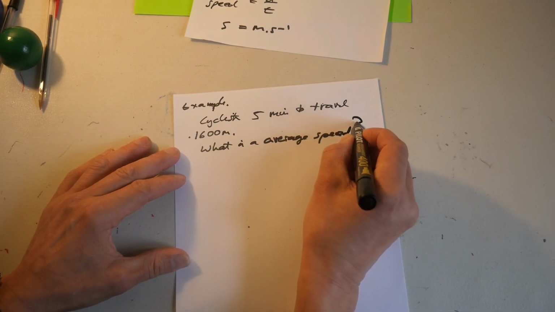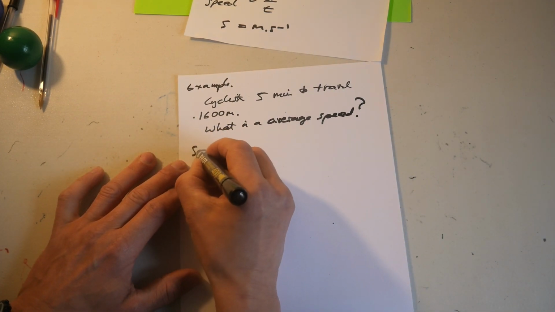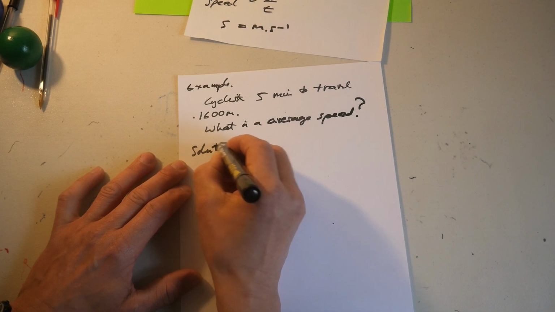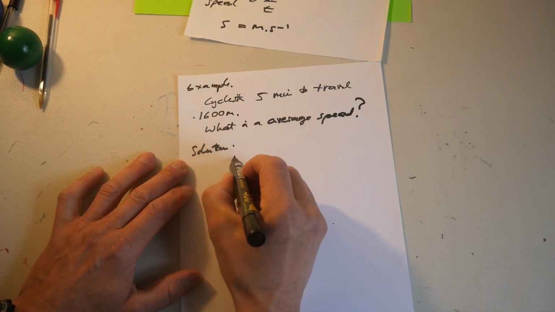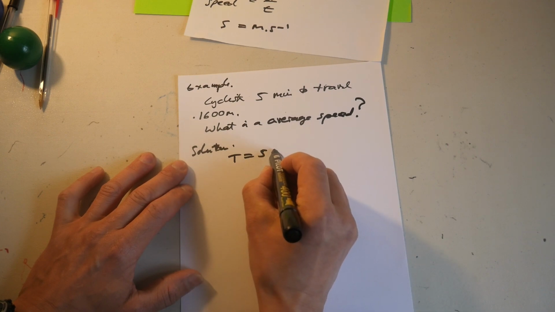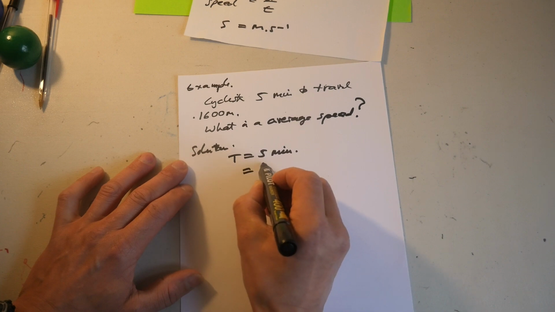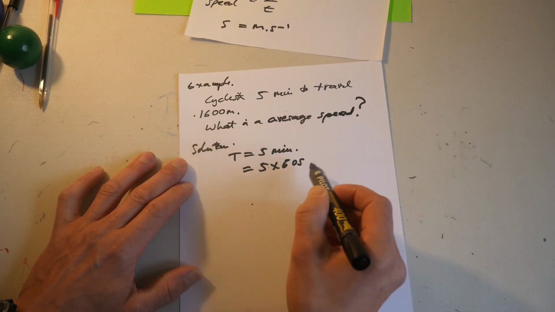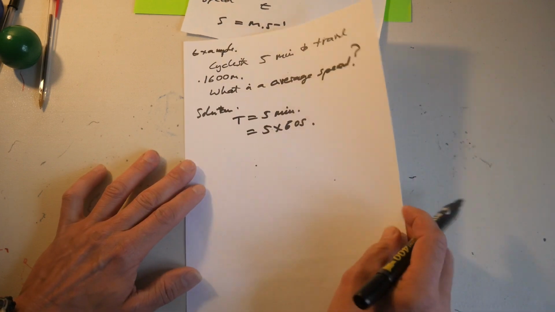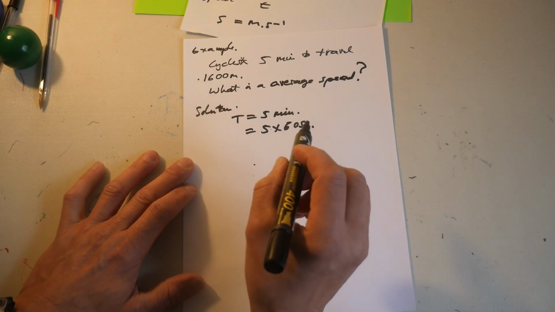Okay, so the solution, time equals 5 minutes, okay? Which equals 5 times 60, that's seconds because there's 60 seconds in a minute. So the total number of seconds is 5 times 60. 5 minutes times 60 seconds per minute.